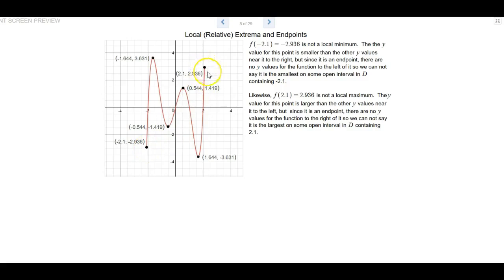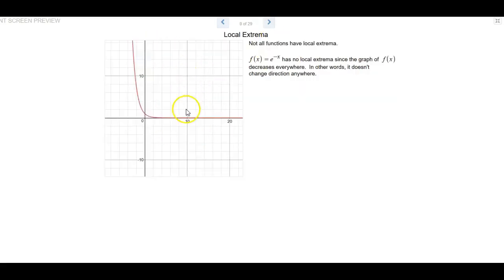Notice in this function I have an absolute maximum that's also a local maximum, because it's the highest point on the graph, and it also is not at an endpoint. So it's local because it's not at an endpoint, and it's absolute because it's the highest point out of all the other points. Again, not all functions have local extrema, just like not all functions have absolute.